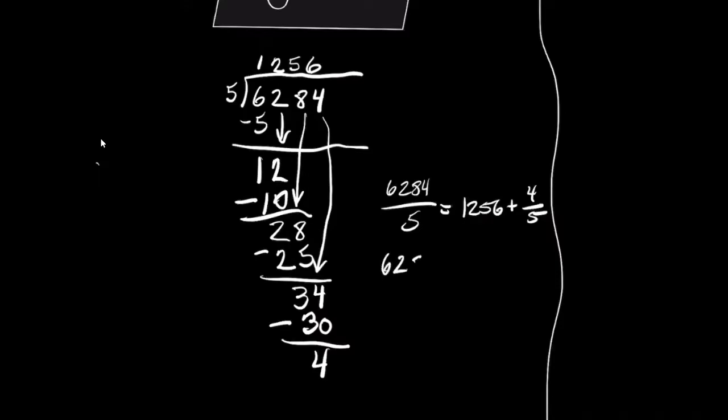We get 6284 is equal to 1256 times 5 plus 4. So we're able to write 6284 as 5 times something. This is really useful when we don't have a remainder, because we can determine if it's divisible by that number by writing it like that. Okay.